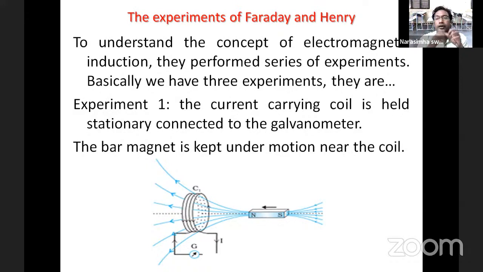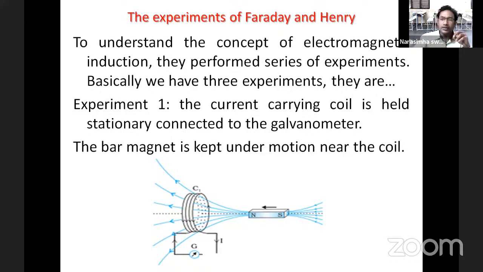To understand the concept of electromagnetic induction, they performed a series of experiments. Faraday and Henry experimentally demonstrated how to create induced current by changing the magnetic field. Among them we basically have three experiments.